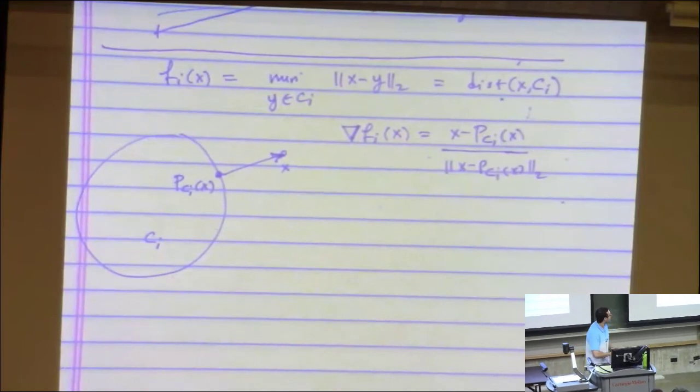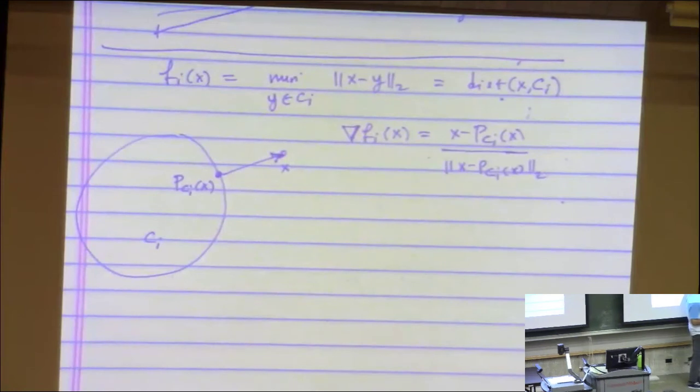So we're going to apply the subgradient rule for a maximum of functions, which we learned last time. If I look at a maximum of functions and compute the subgradient, the rule was I take all of the functions f_i that achieve the max, so all i's such that f_i of x is equal to f of x.